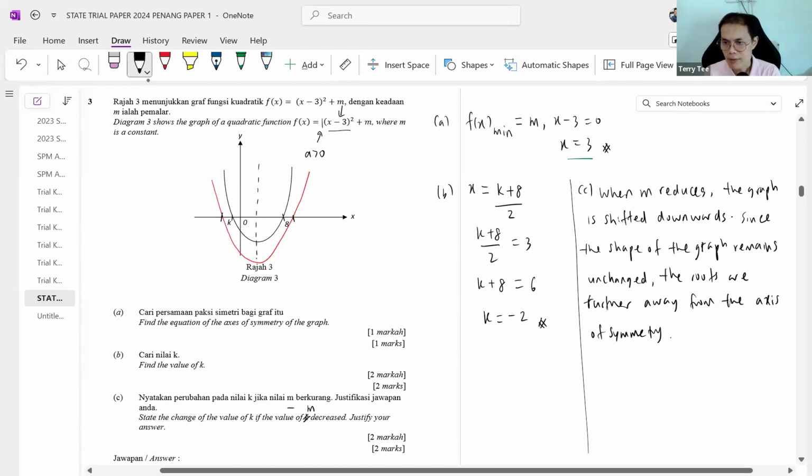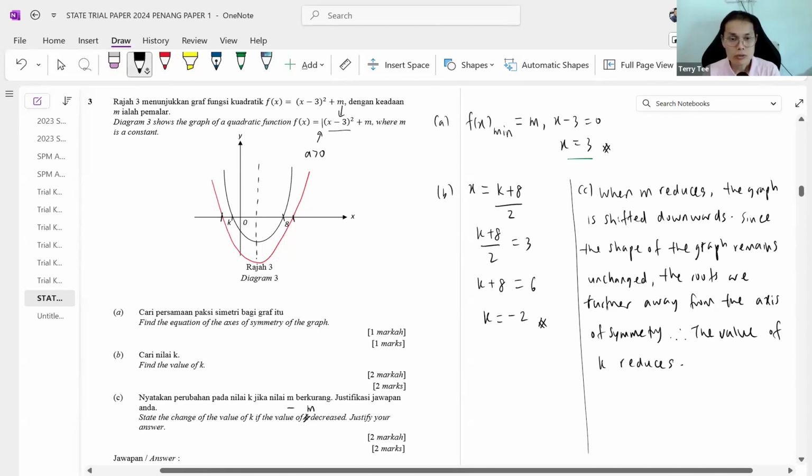Then we can say, therefore, the value of k decreases. Therefore, the value of k, sorry for the ugly handwriting, reduces.